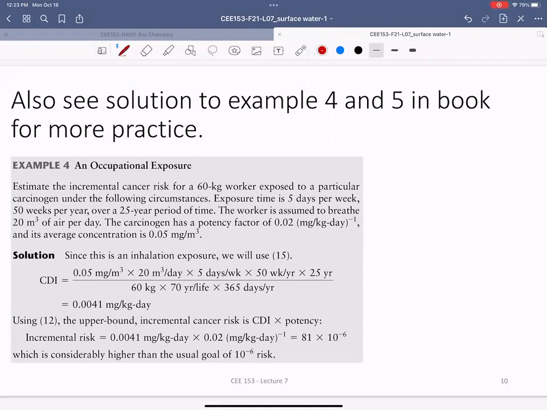Roughly 50 weeks. And that person has been working 25 years in that location. So that's how you can calculate the entire risk from the lifetime. Okay. And this is just an example. So once the numbers are given, you can calculate this value. So again, check the homework questions, compare with this example so that you can see how to do those. These are very simple questions.